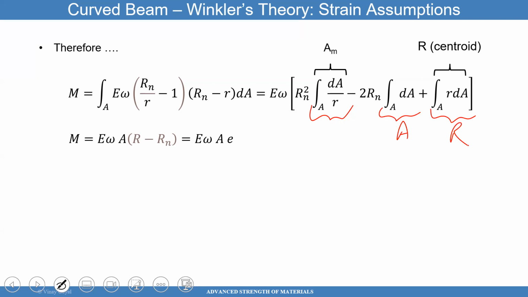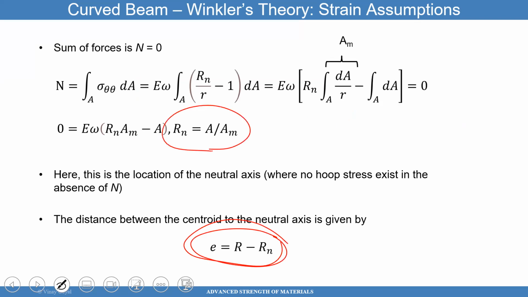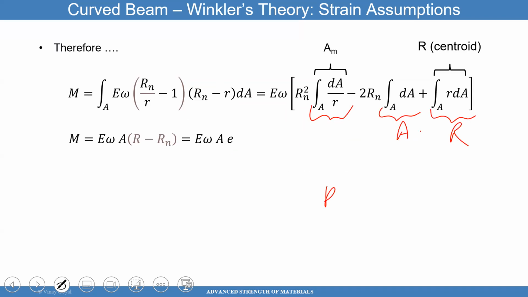You also realize, and then you can see here from this formula, that Rn times Am equals A. You can see here that you have Rn squared times Am. Well, that's Rn times Am, and this is A. So I'm looking at this right here.